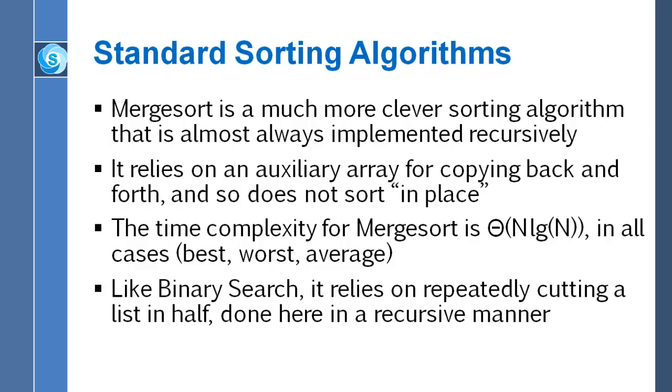There are two recursive calls there, but that's one level of recursion. You start with an array of length n, and you chop that, and you have two subarrays, each of length n over 2. Each of those subarrays of length n over 2 has to be recursively merge sorted. That takes us down one level of recursion. But then each of those gets cut in half, and you end up with arrays of length n over 4.